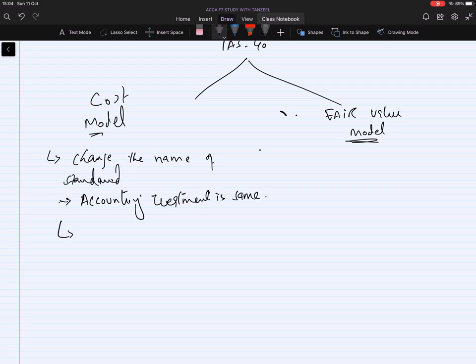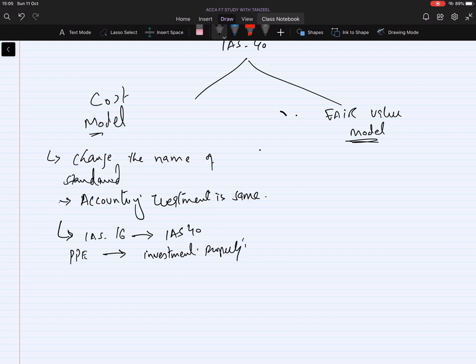Just change from IAS 16 to IAS 40, from PPE to investment property. That's it. If the previous company is using the cost model, you just need to change the standard to investment property.